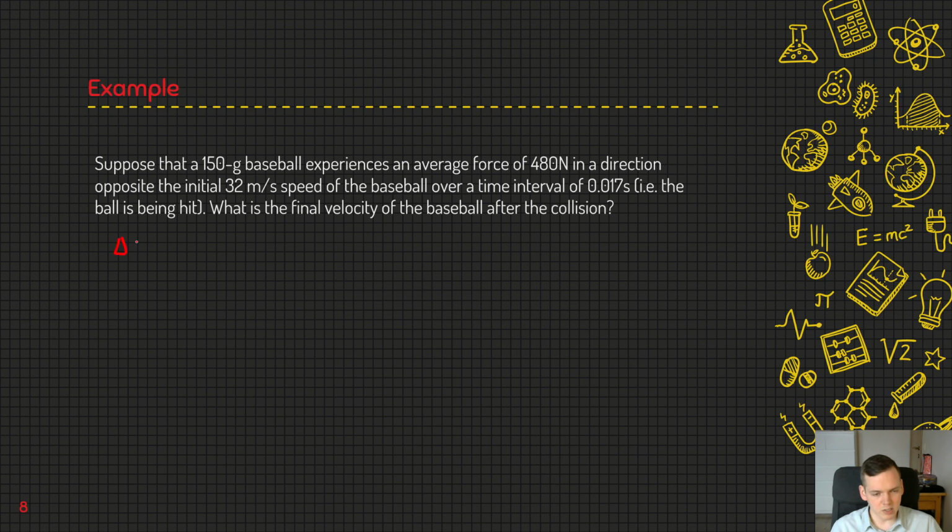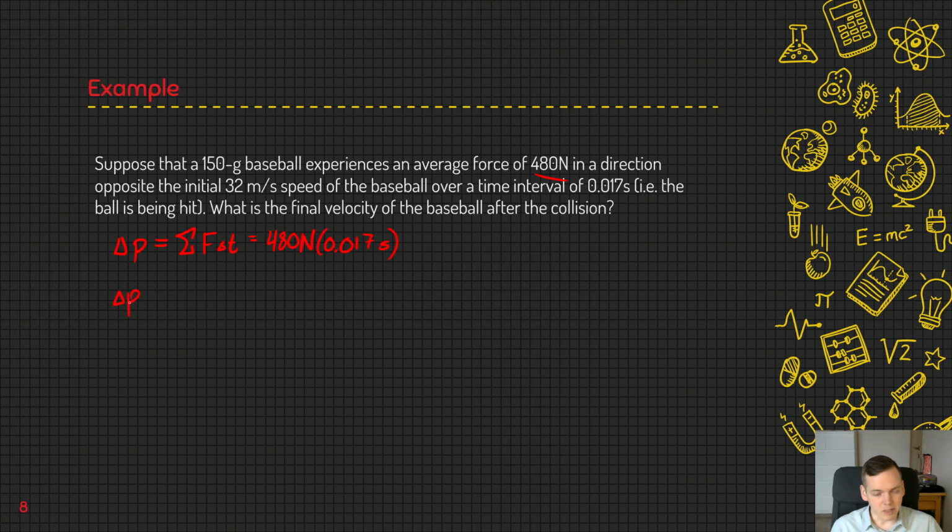Well, we know that the change in momentum will have to equal the net force times the change in time. And the net force, or the average force, was 480 newtons, so that will equal 480 newtons times 0.017 seconds.